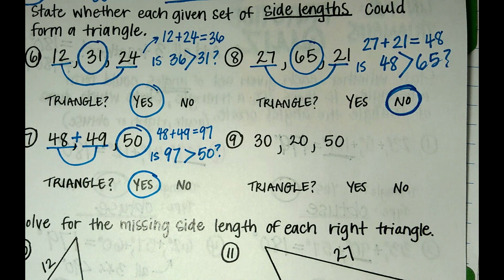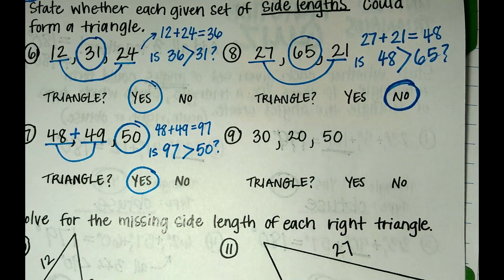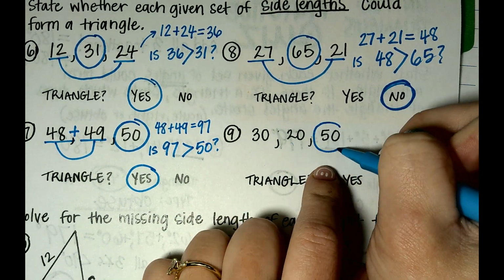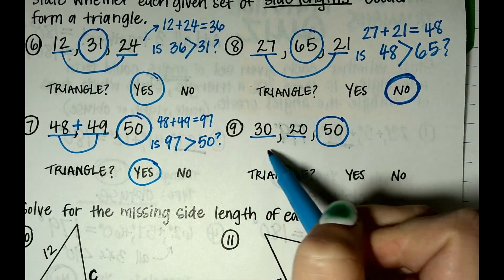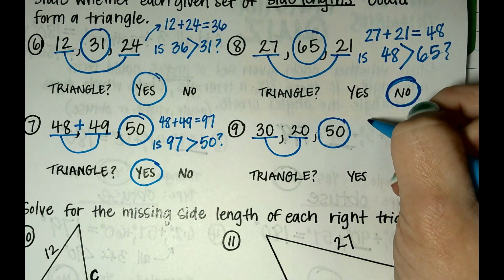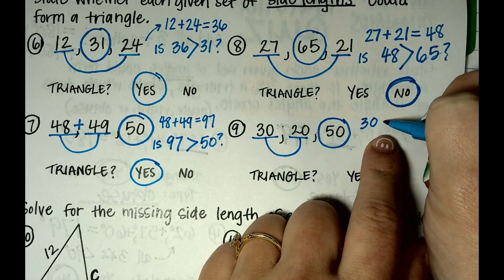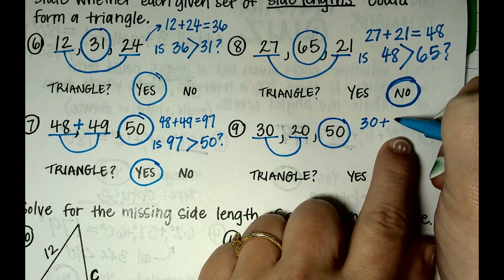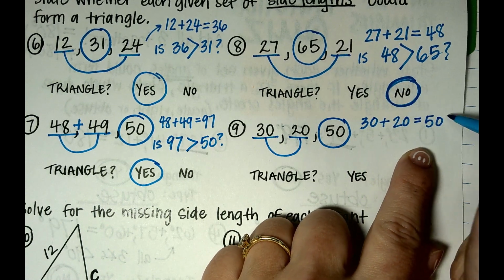Okay, and now we have one more. That's easy. 30, 20, 50. Which one's biggest? 50. So let's circle 50. And we're adding 20 and 30. 30 plus 20 equals 50.